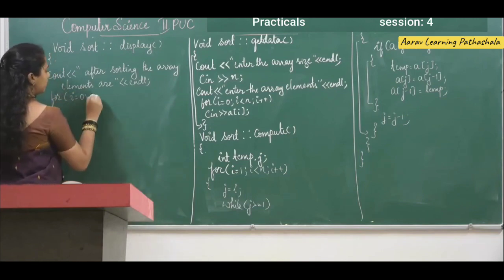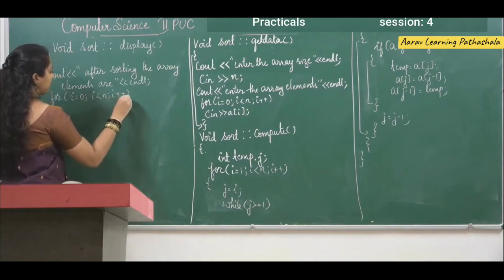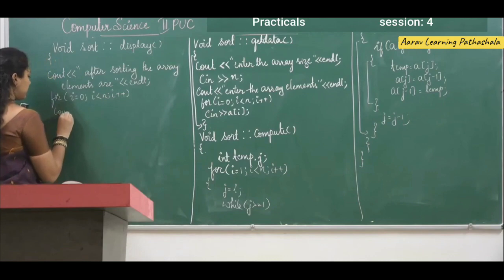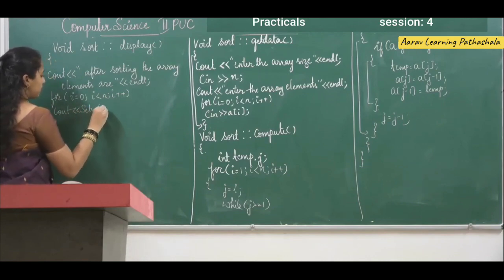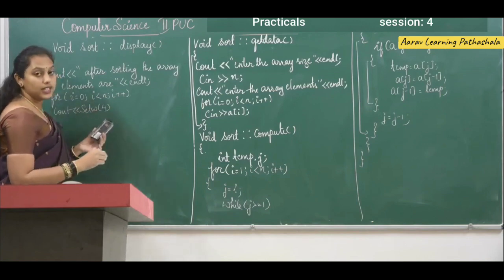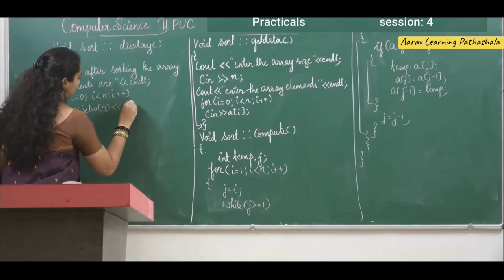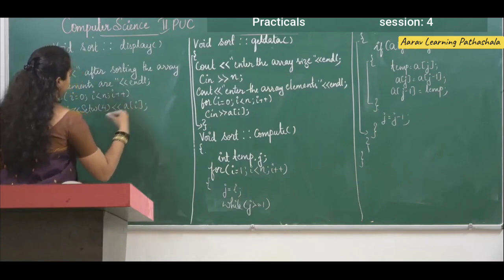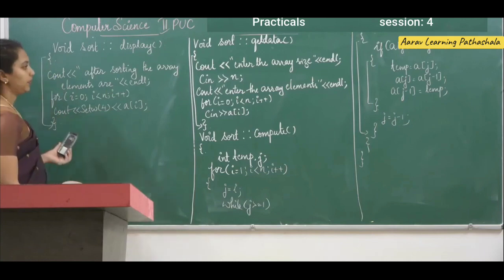For i is equal to 0, i less than n, i plus plus, cout setw of a[i]. The setw function is used to set the field width between the array elements. So this is about this function.